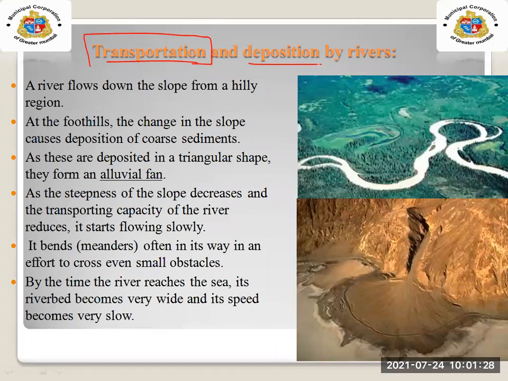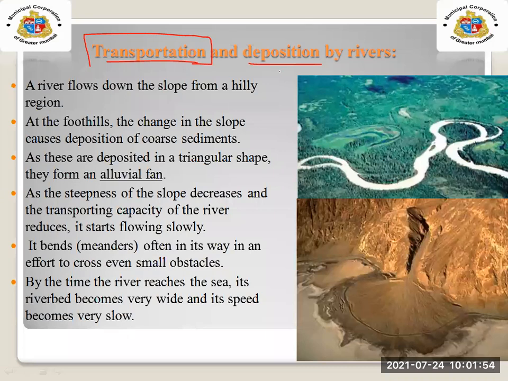And deposition means what, student? Deposition is the laying down of sediments which are carried by wind, water, or ice. Sediment can be transported as pebbles, sand, or mud, or as salts dissolved in water.